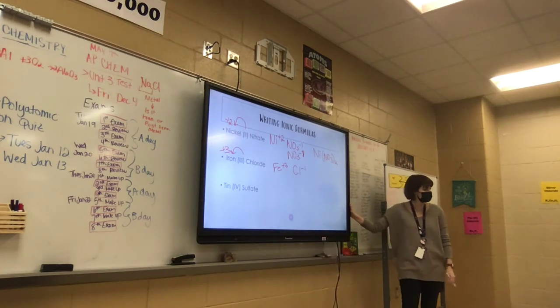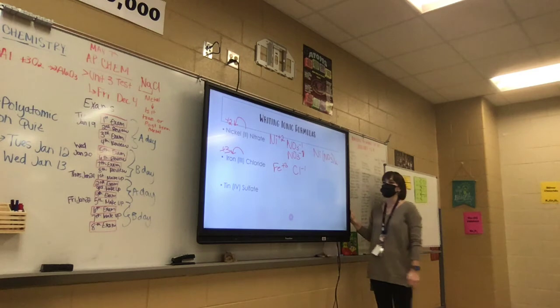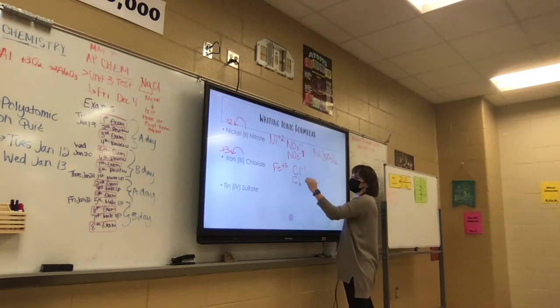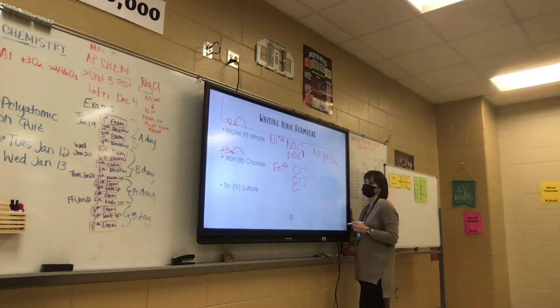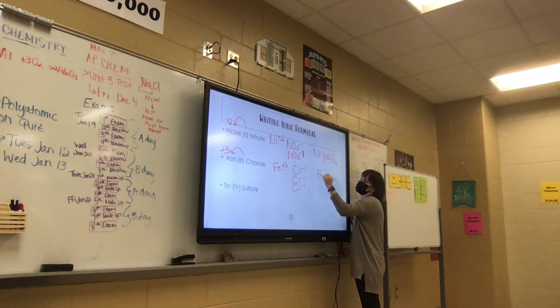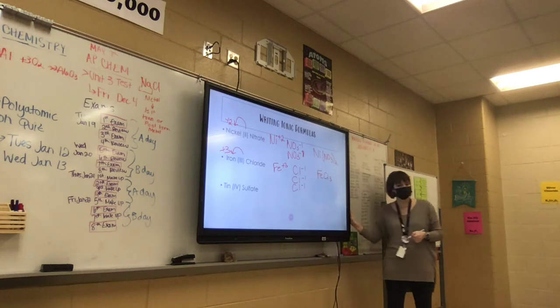Chlorine, negative 1. And so I need to add 2 more chlorines to balance out that positive 3 charge of the iron. So my formula is going to be FeCl3. Okay?